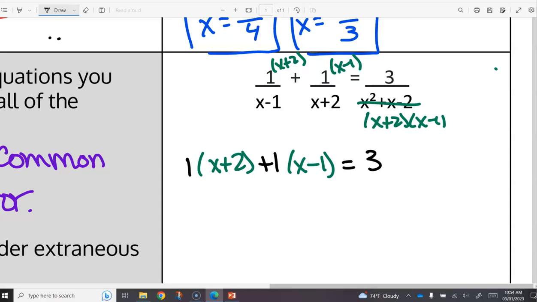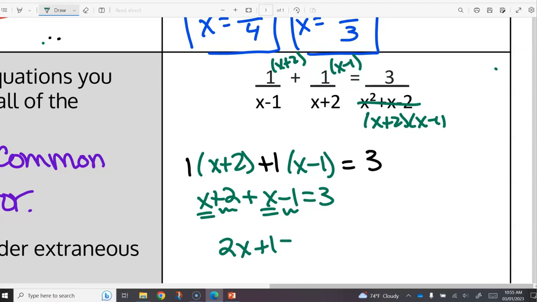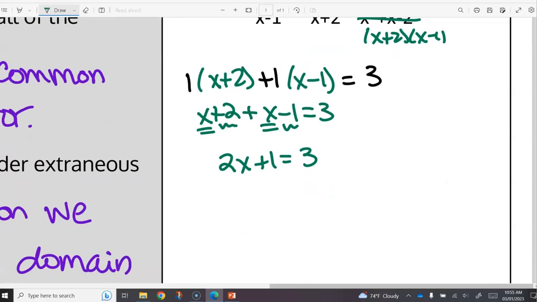Yeah, combine like terms and let's solve for x. So this just becomes x plus 2 plus x minus 1. That was nice to have those ones up there. X plus x is 2x. 2 minus 1 equals 3. Now what? Subtract the 1. We get x equals 1.